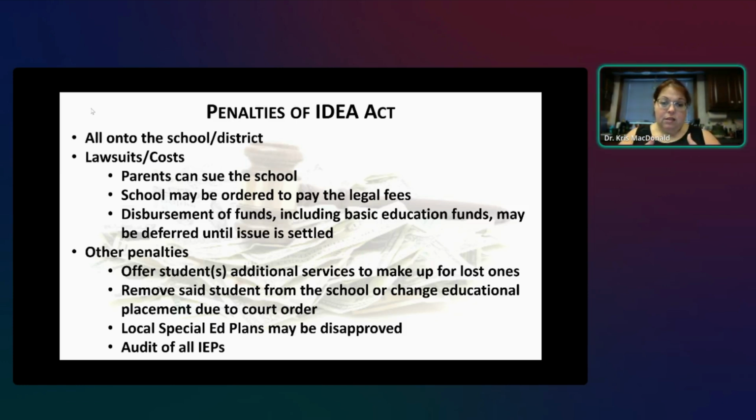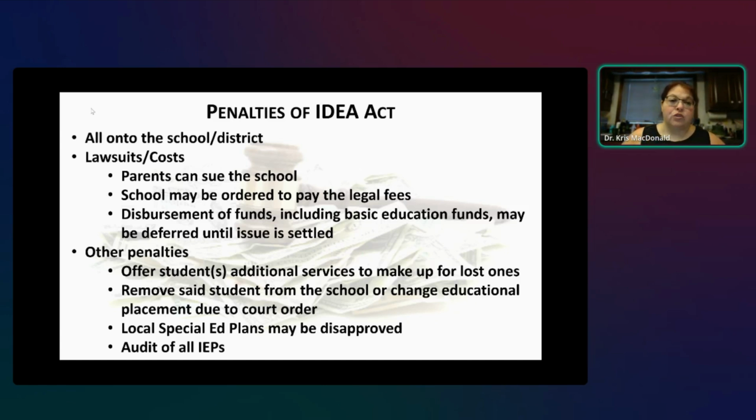Other penalties is that one way to rectify the situation is that the school district may offer a slew of other services, of course, without any cost to make up for what they lost.